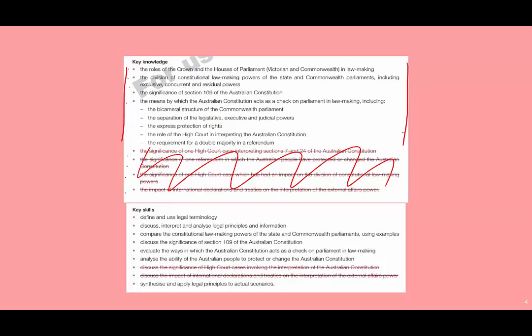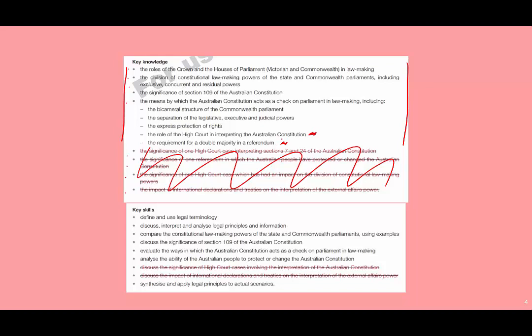So, for instance, they've taken out a High Court case interpreting sections 7 and 24 and a High Court case which has an impact on division of powers, but we still need to understand and know the role of the High Court in interpreting the Australian Constitution. They've taken out a referendum where Australian people have protected or changed the Constitution, but we still need to know the requirement for a double majority in a referendum.